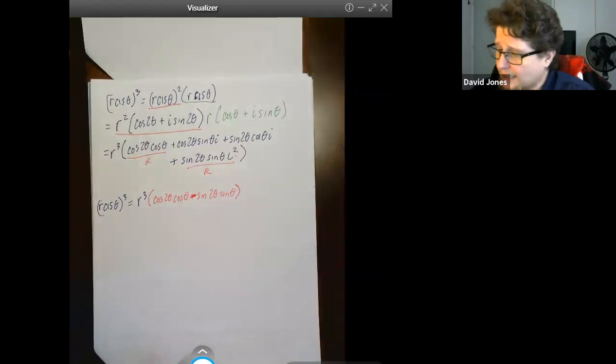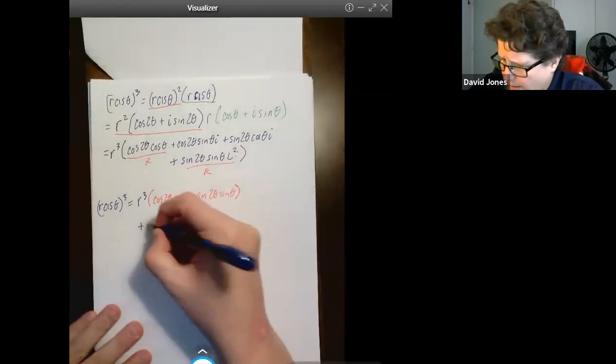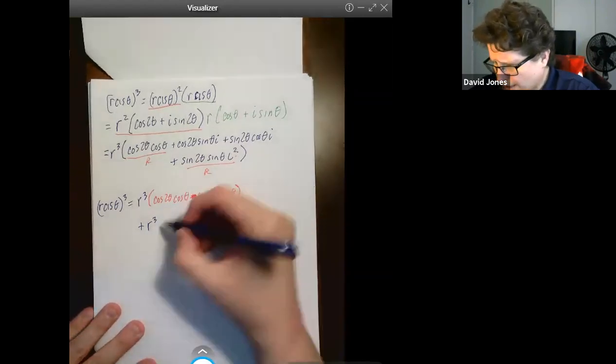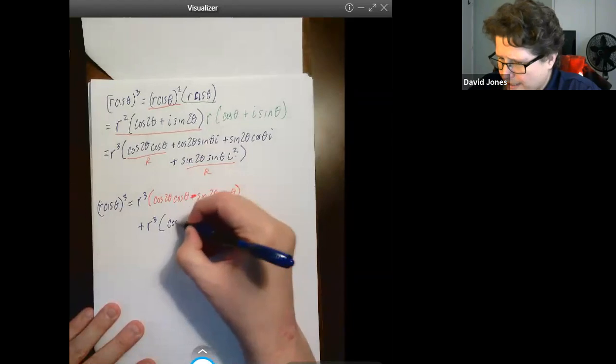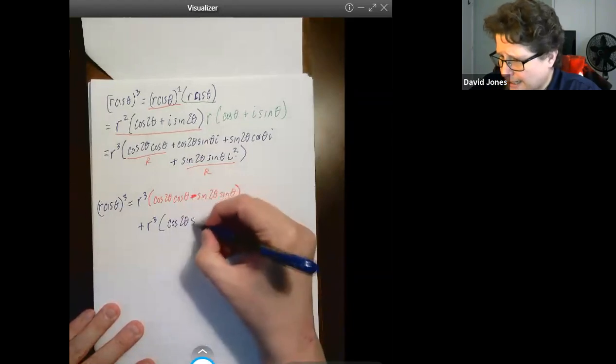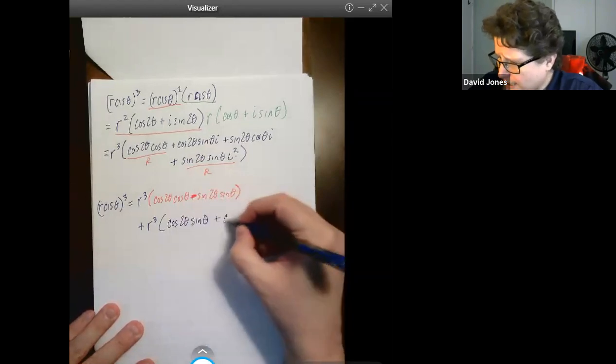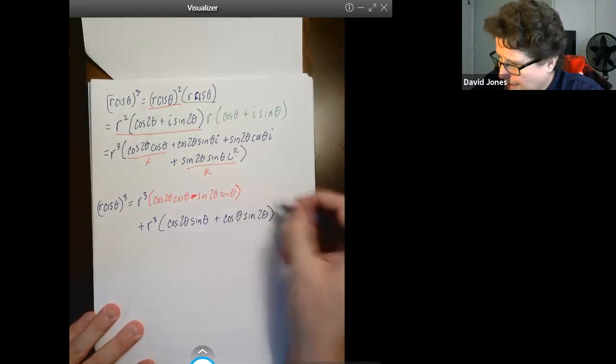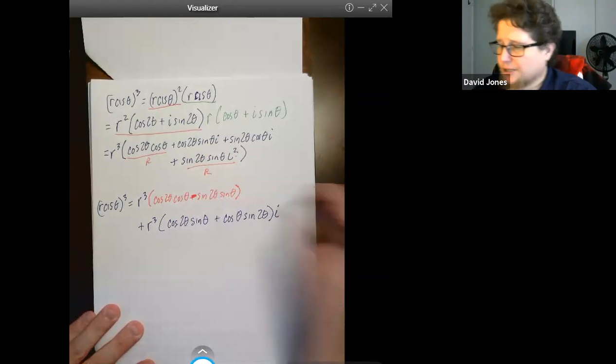And then plus, let's put them in the same order, cosine 2 theta sine theta plus cosine theta sine 2 theta. And that's in our i direction.